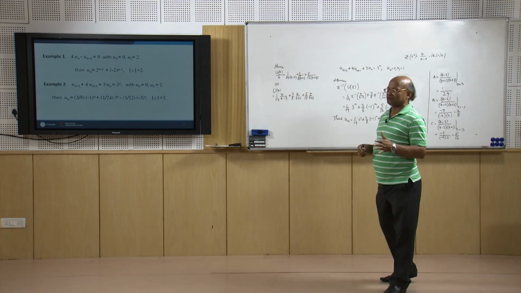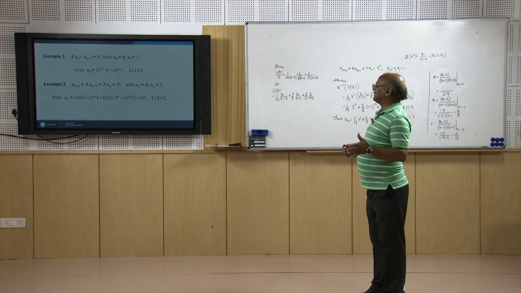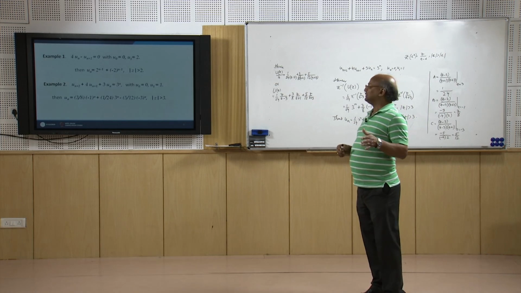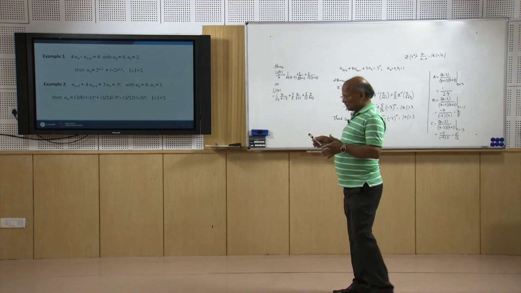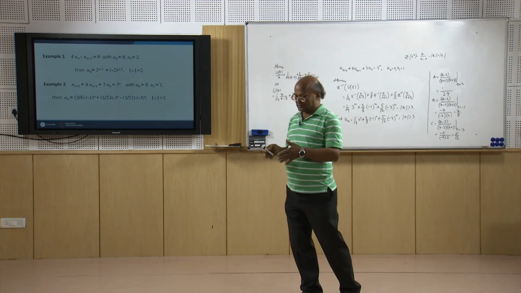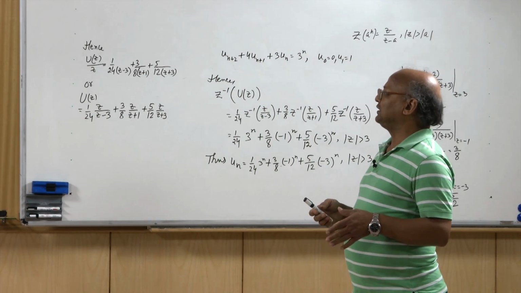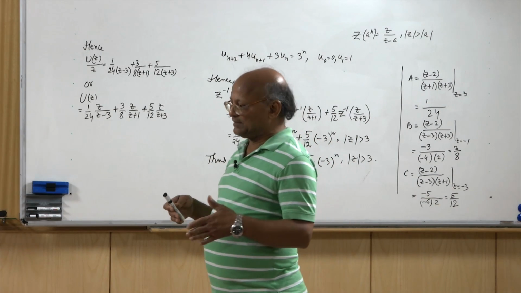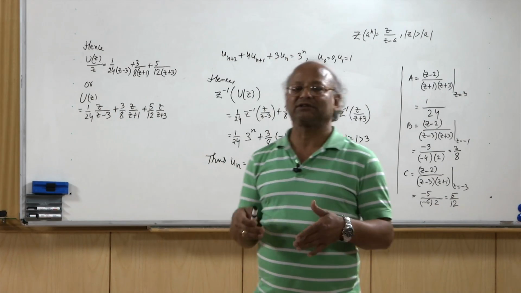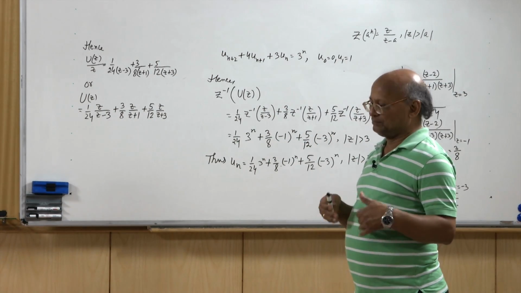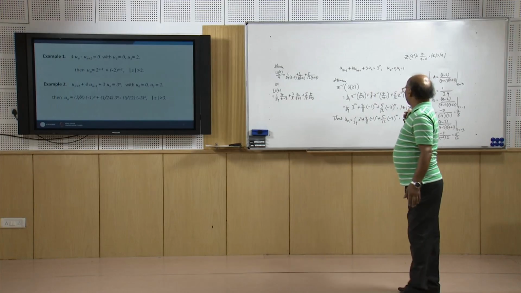First we take the Z transform of the given difference equation, collect the coefficient of U(z), rest of the terms we take to the right side, divide by the coefficient of U(z), and then you write U(z) by z, and the expression of U(z) by z is then broken into partial fractions in such a way that while multiplying by z, we get the expressions in terms of known Z transforms. So that while inverting we easily get the sequence u n.